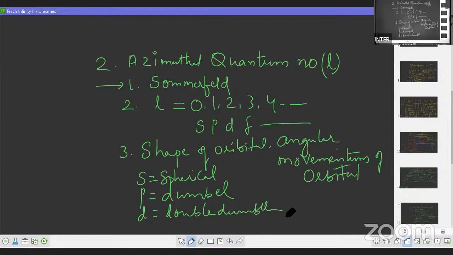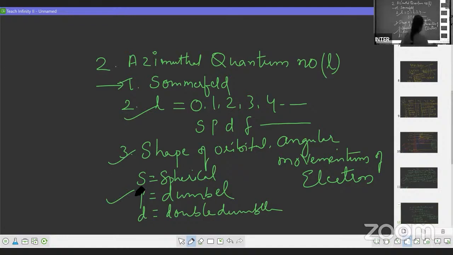You will know about the number of electrons. Write here the number of electrons. So what do you propose this quantum number? The next is the value of l: 0, 1, 2, 3, 4. Then we indicate the shape of the orbital.